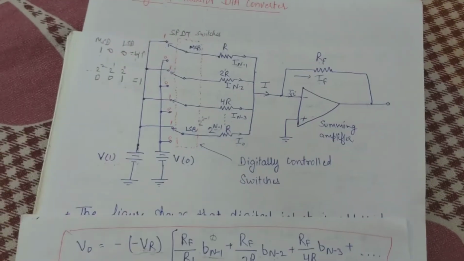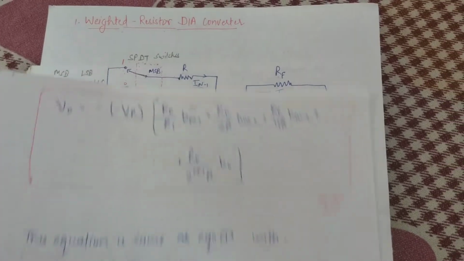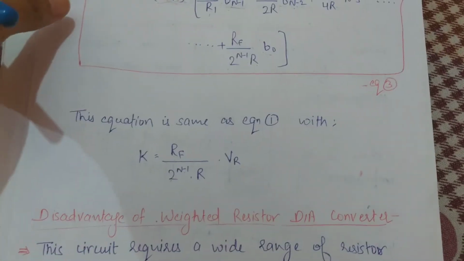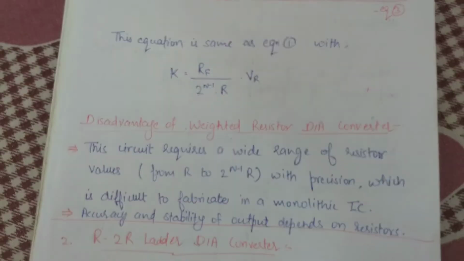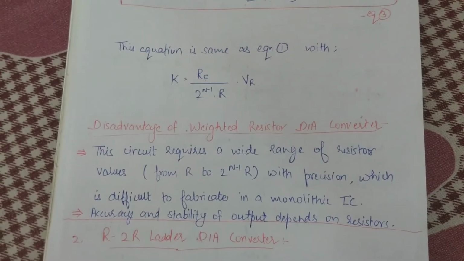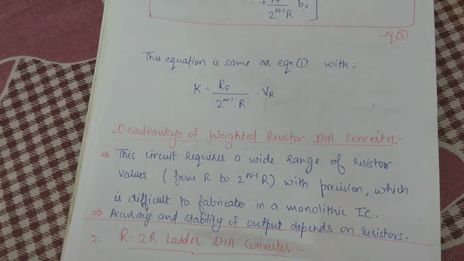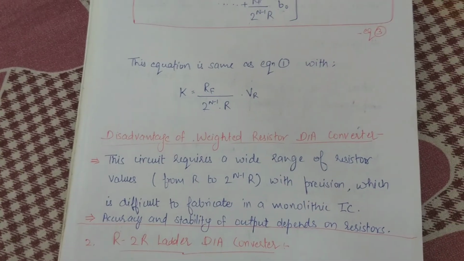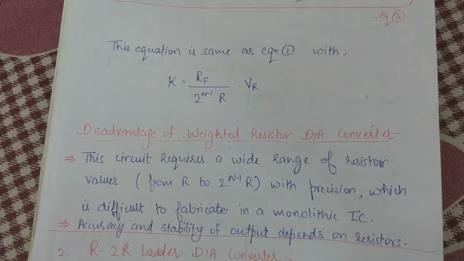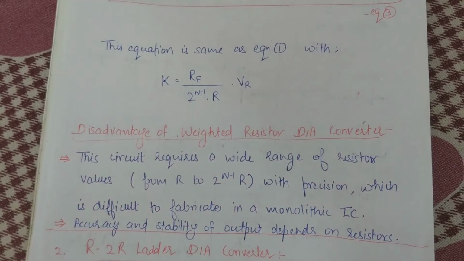Okay, and it is very difficult to find, and very difficult to fabricate the circuit with so many different resistance values. And when you fabricate this circuit in the form of a monolithic IC, it becomes very difficult to design this circuit with so many different resistors. Okay, so this is its disadvantage.